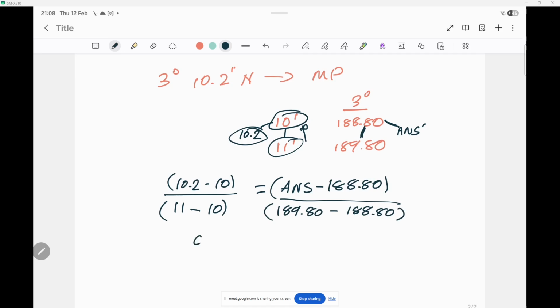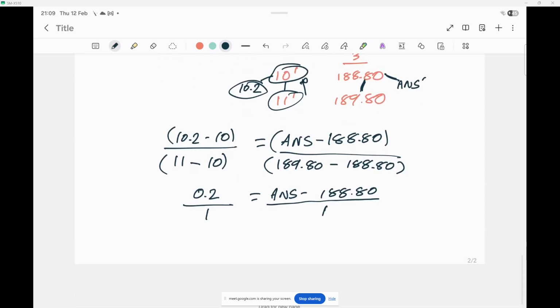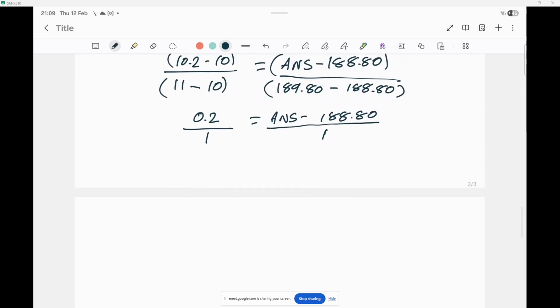Which is going to be 0.2, and this is going to be 1. Answer minus 188.80 divided by 189.80 minus 188.80, which equals 1. So it's very easy, nothing much to do. Once you divide any value by 1, it is basically the same value.